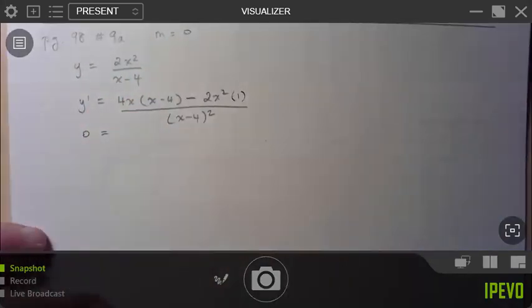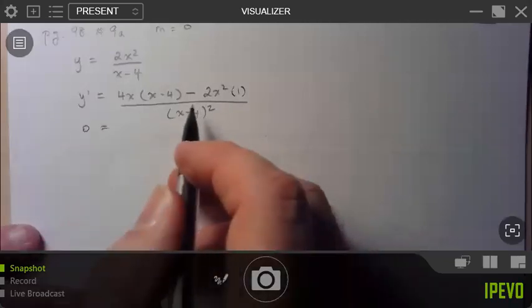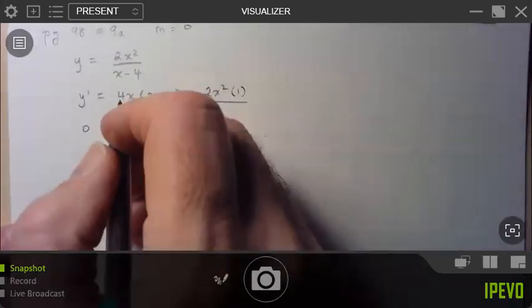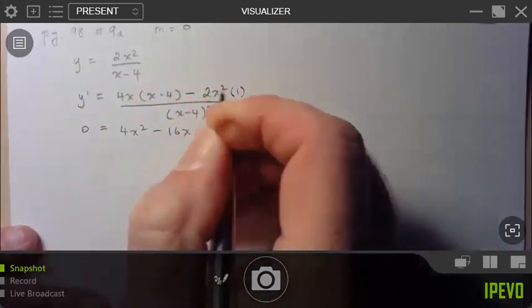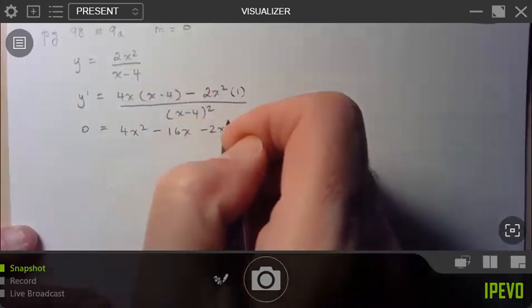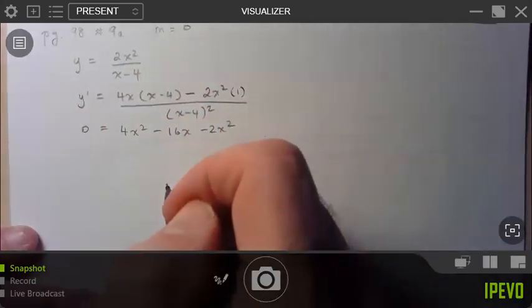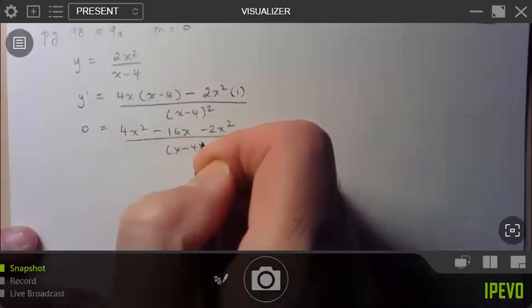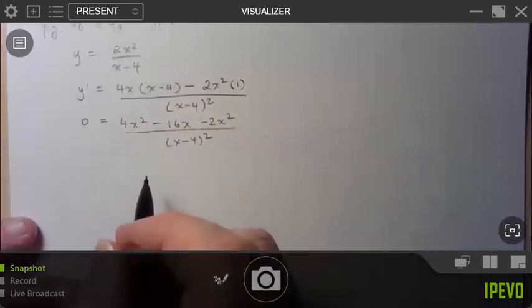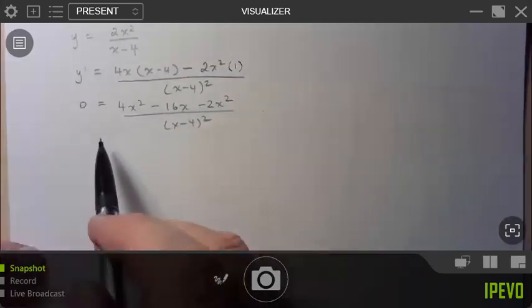Okay, and what I want is I want this derivative to be equal to 0 since I'm looking for horizontal tangents. All right, so let's clean this up. So here we've got, what do we have? We have 4x squared minus 16x, and then minus 2x squared, all over x minus 4 squared. Okay, now notice that I'm solving a rational equation.